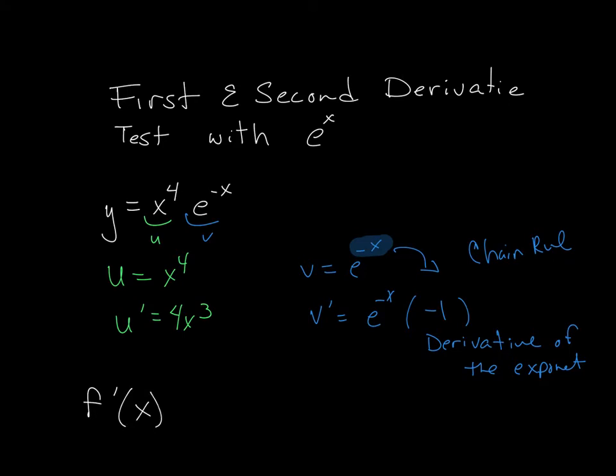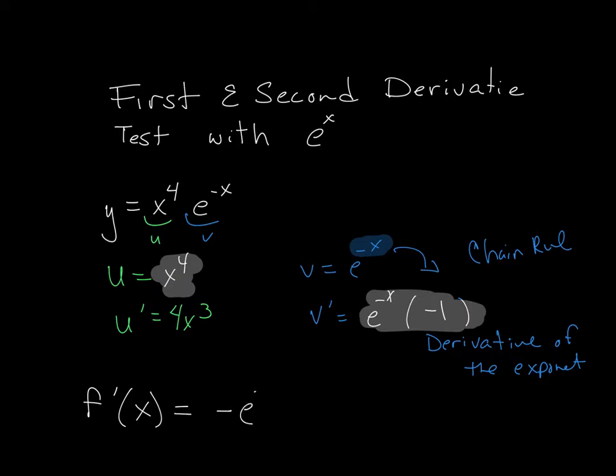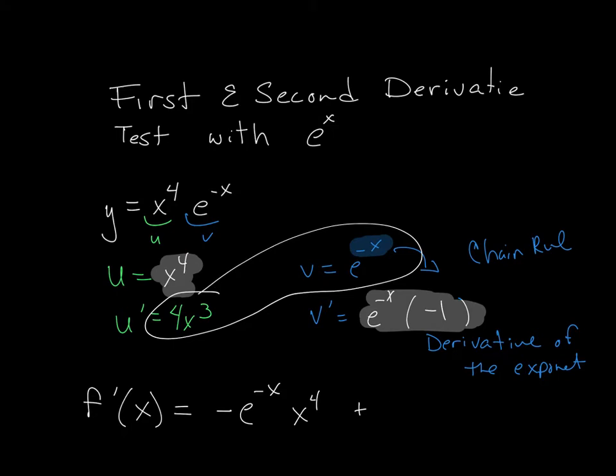My first derivative is going to be x to the fourth times e to the negative x times -1, or I can just write that as negative e to the negative x times x to the fourth. Now I need to do the second part of the product rule, and I am left with 4x to the third times e to the negative x.